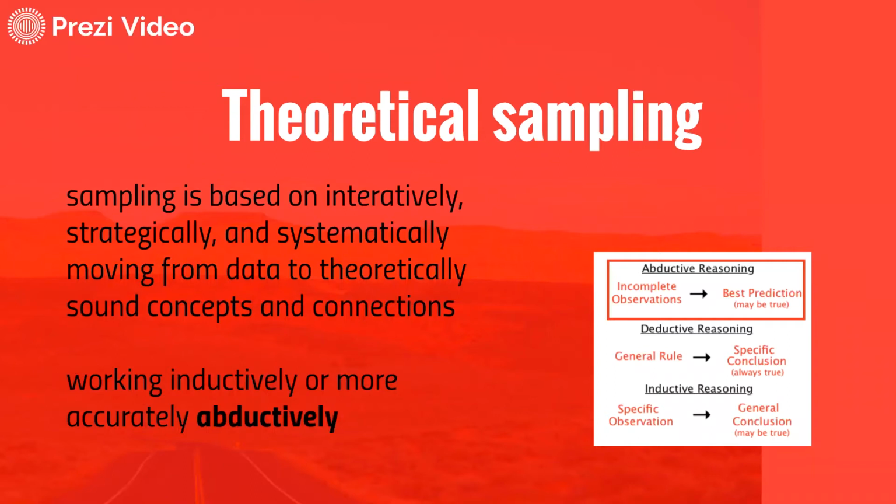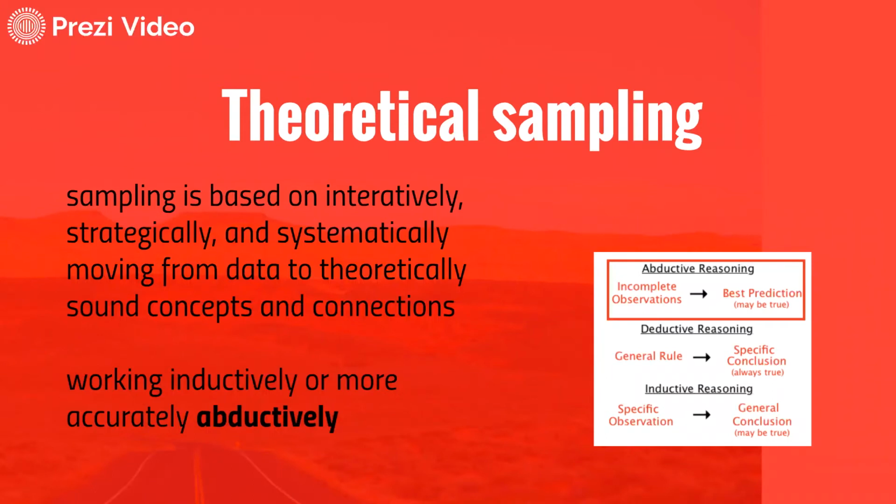So as grounded theorists talk about this, they work inductively. More contemporary grounded theorists talk about working abductively. And you can see the distinctions here. Inductive reasoning means moving from specific data to a general conclusion that we believe generally to be true.